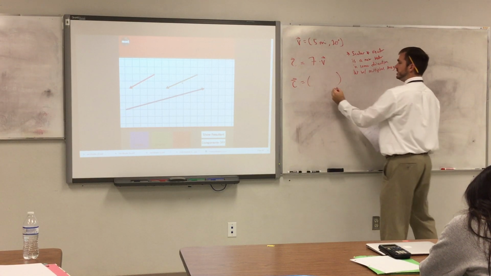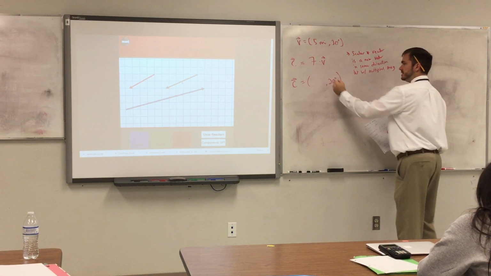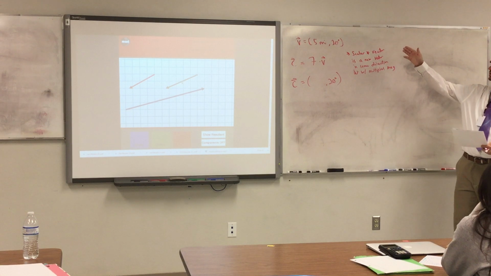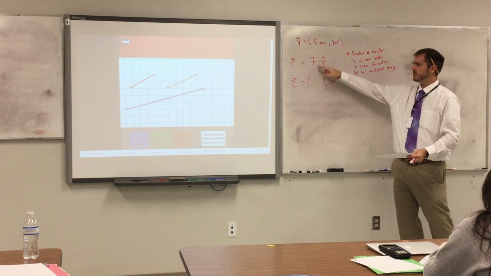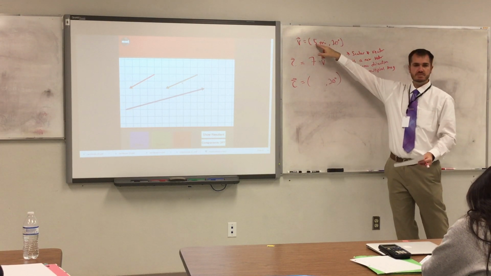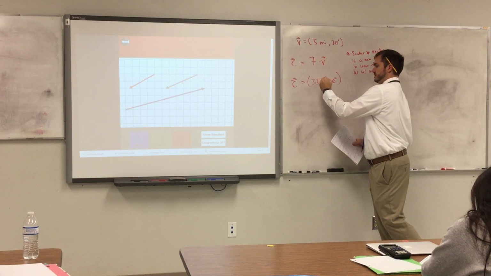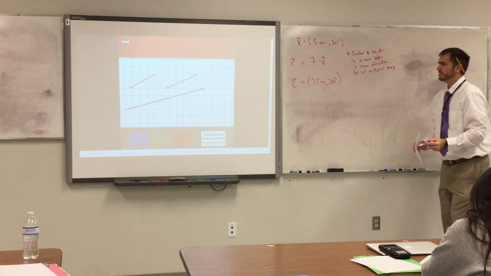So vector C is still going to be 20 degrees, just like vector V was, but the magnitude is going to be 7 times the 5 miles. So 35 miles.